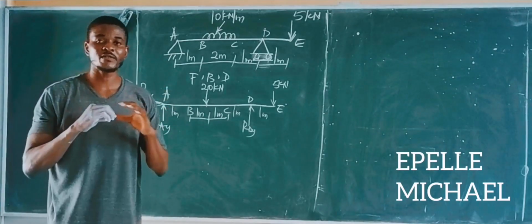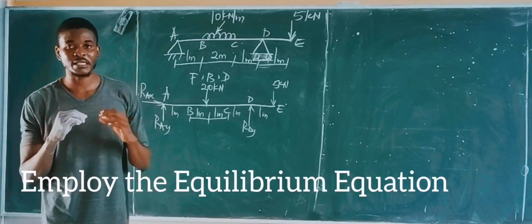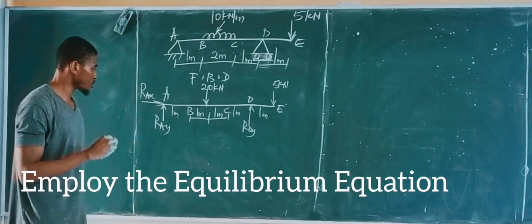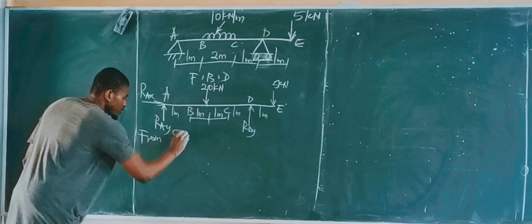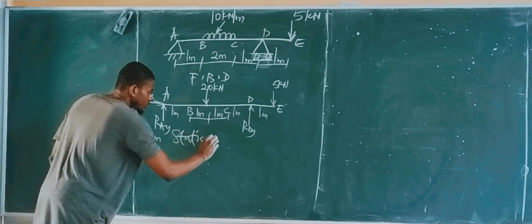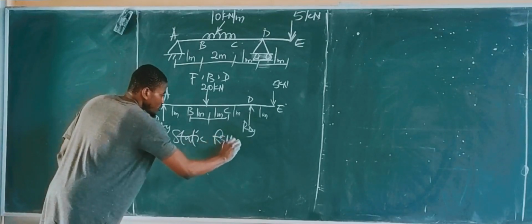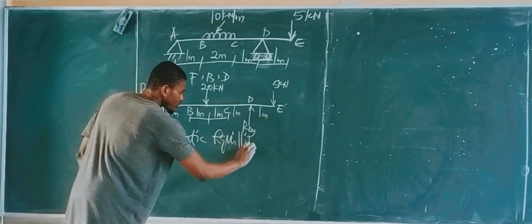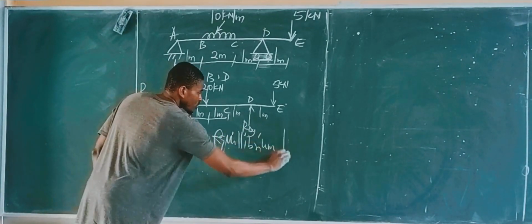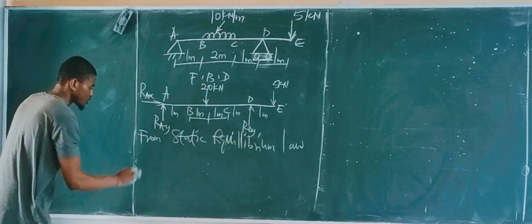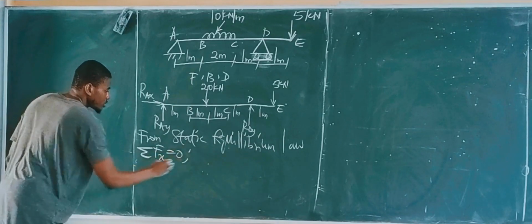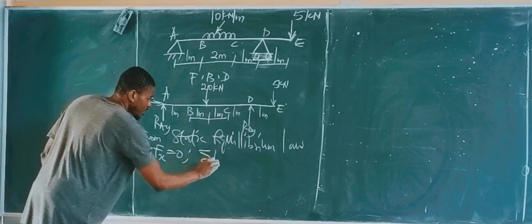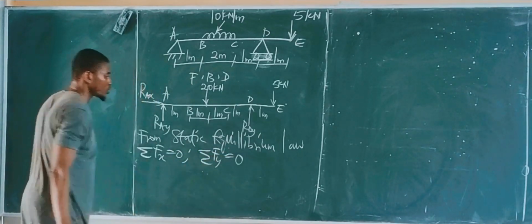After obtaining the free body diagram, next is to employ the static equilibrium equations. From static equilibrium law, we have that summation Fx is equal to 0. Also, summation Fy is also 0.